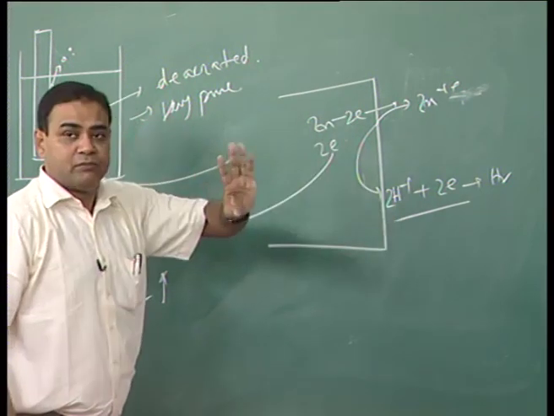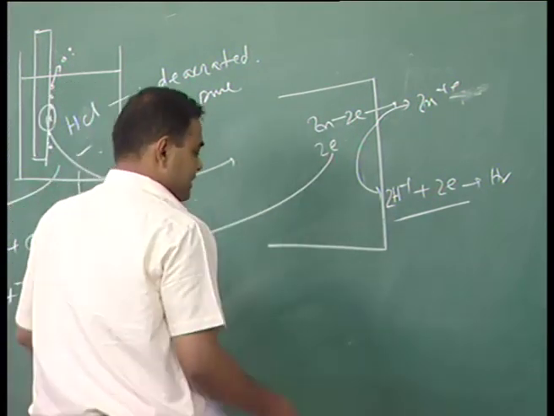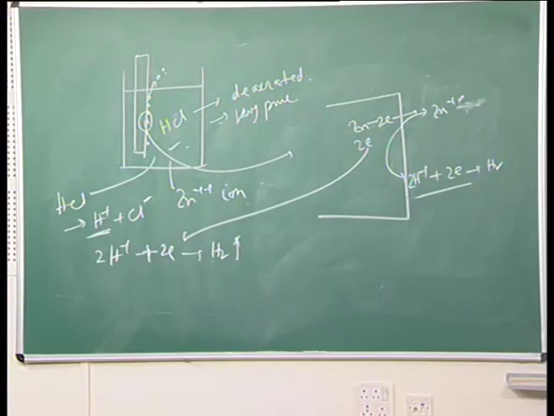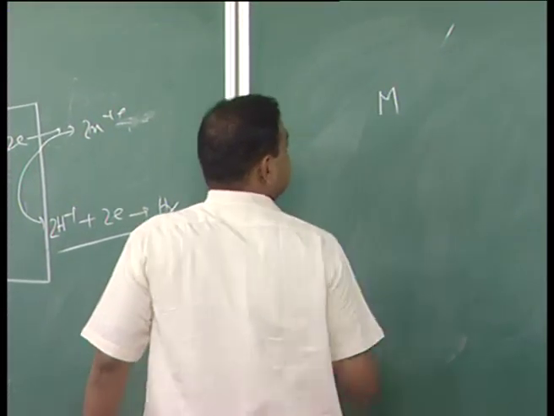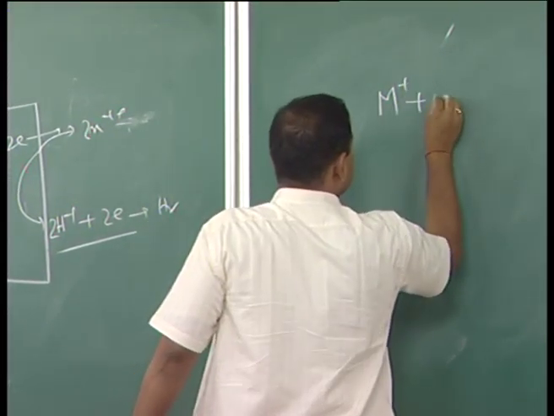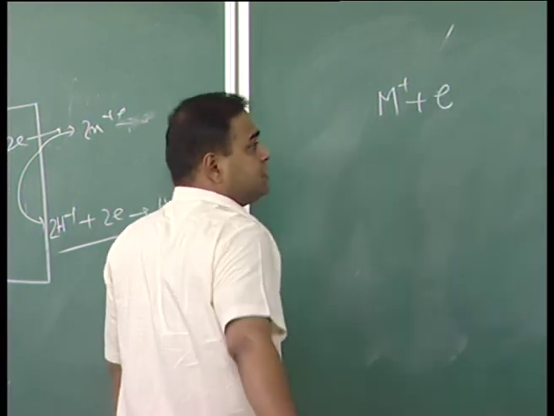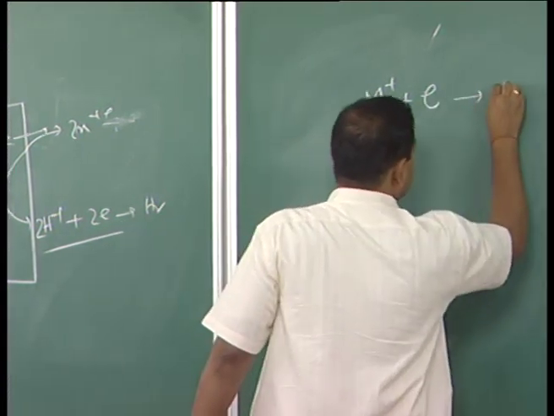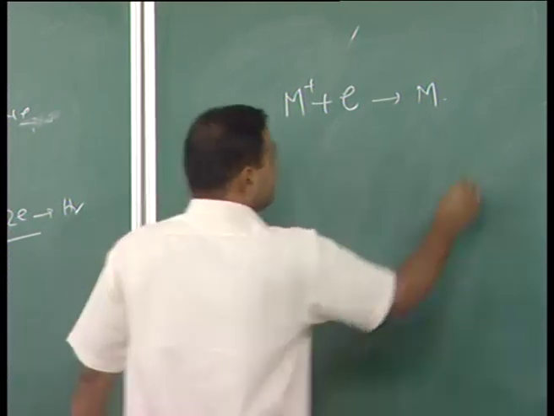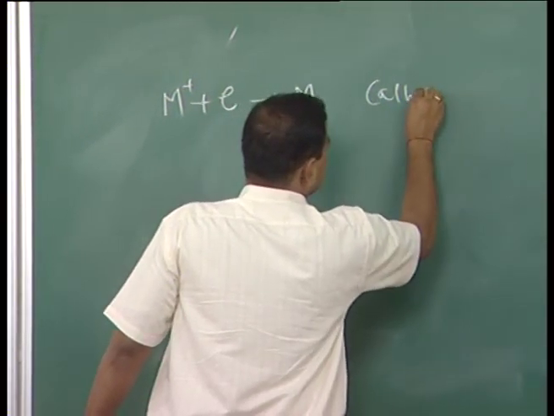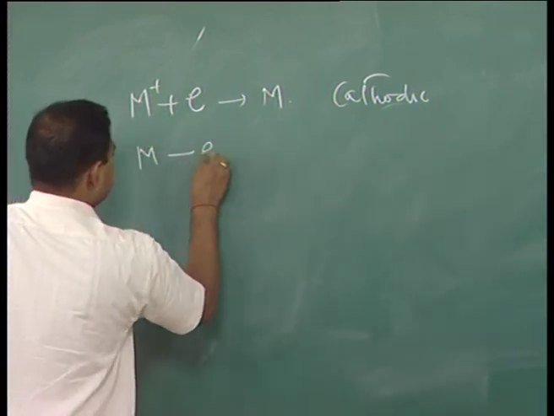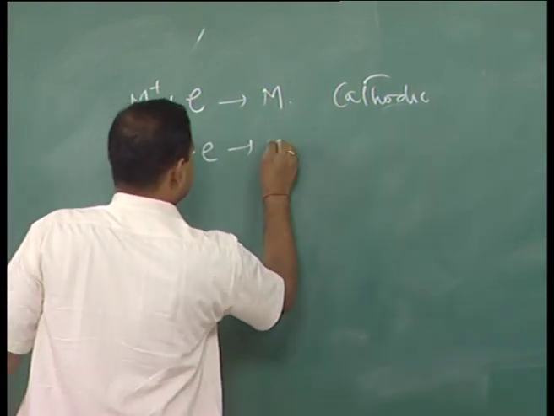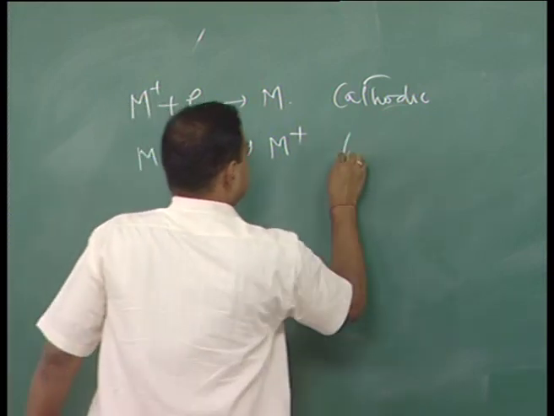Now what is the thumb rule? How do you judge which process is anodic and which process is cathodic? If some process takes electron or combines electron, that is called cathodic. If something leaves electron, that reaction is called anodic.